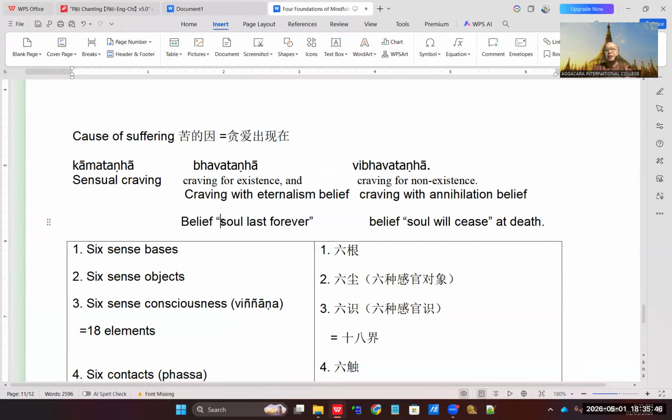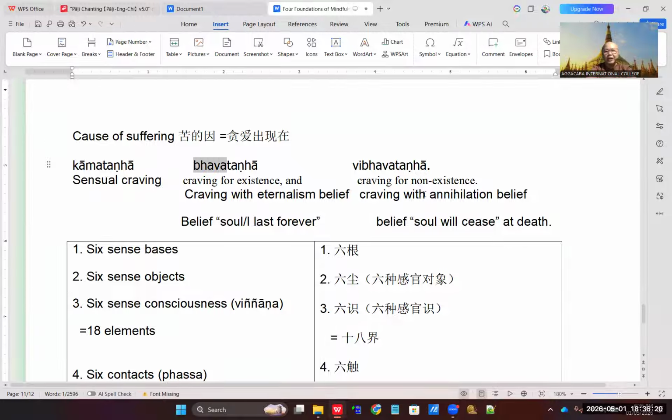Even when you pass away, you believe the same I, the same soul, will travel to the next life. You are reborn with the idea that even if I pass away, in the next life it's still the same I. This I will continue my journey and transmigrate to the next life. So it's a belief that this identity, this I, will last forever. This is called the eternalism belief. All right, so this is called bhava tanha.